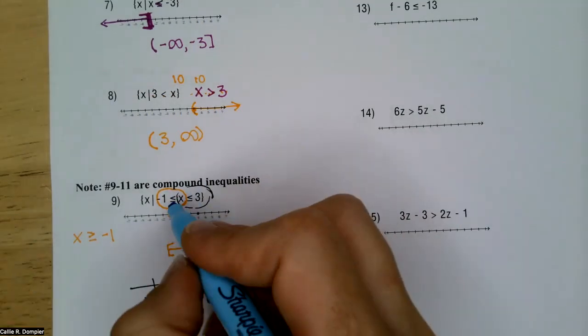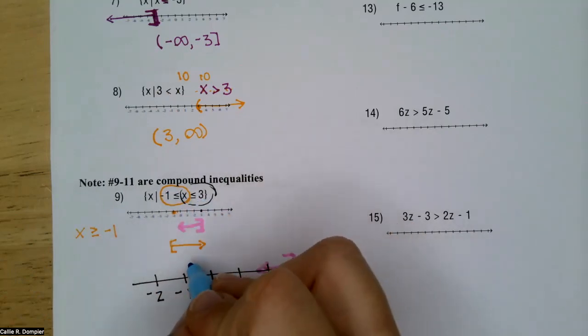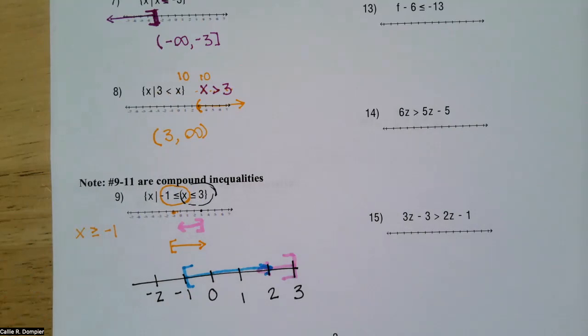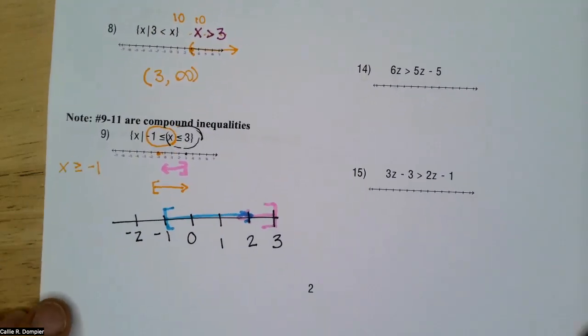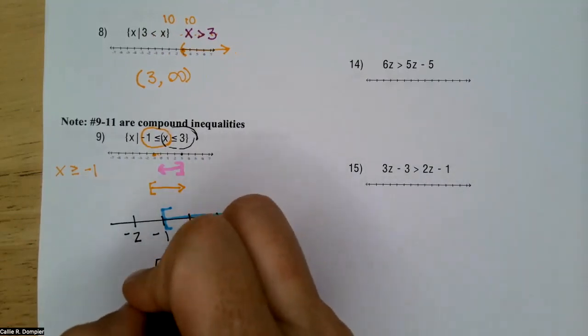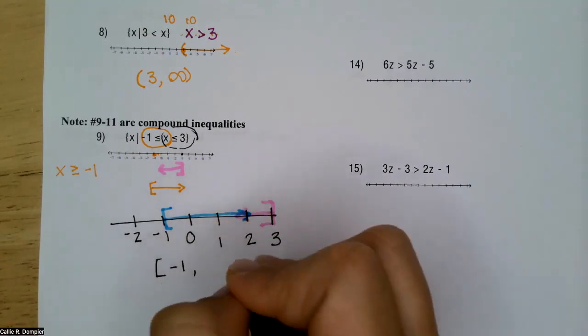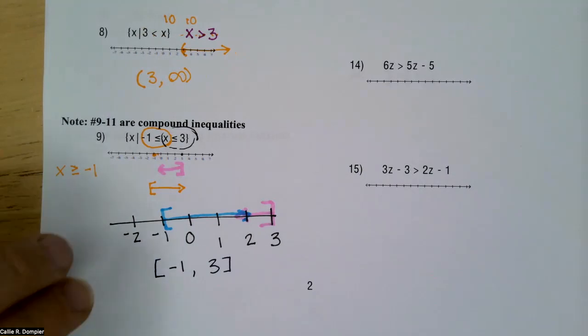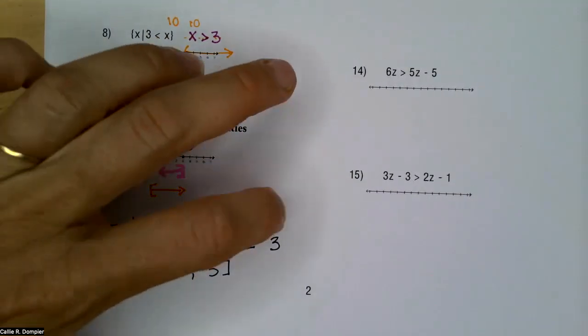And then on the other side, I had -1 with a bracket to +infinity. And instead of infinity, now we just have a beginning and an end because the x is between the -1 and the 3. So we have -1, 3 in interval notation. It begins at -1 with a bracket. It ends at 3 with a bracket.